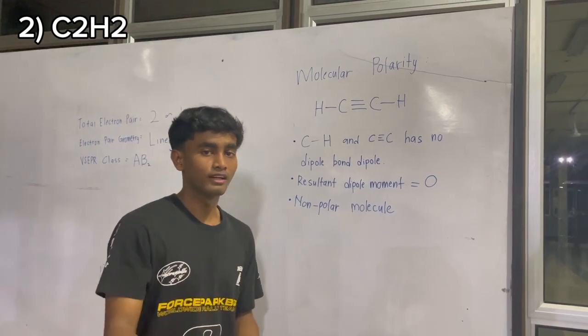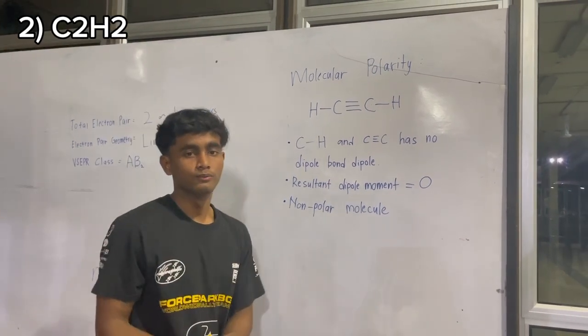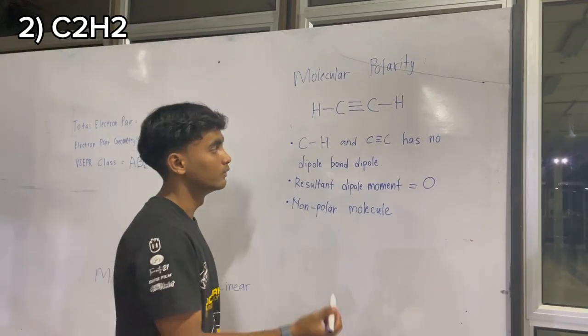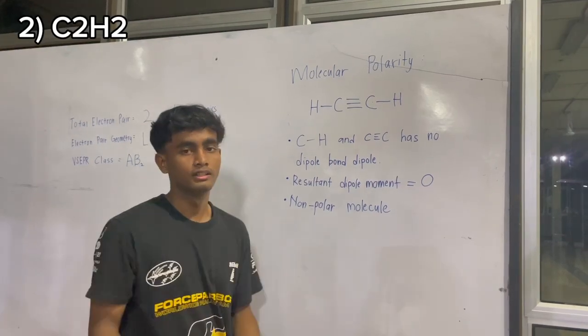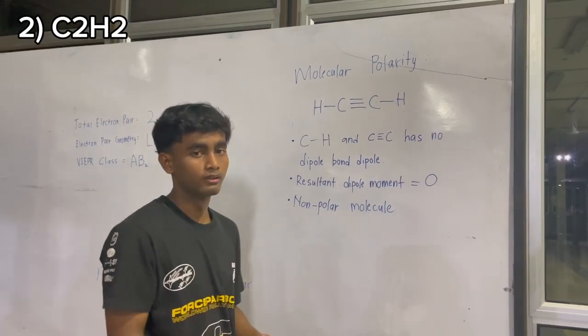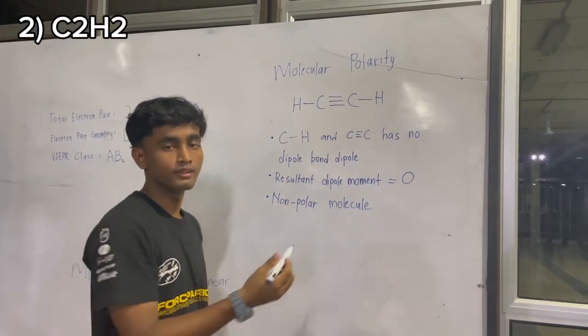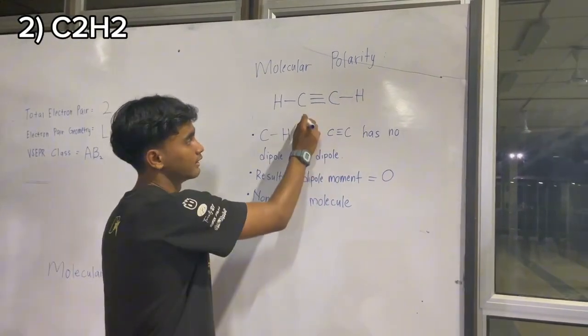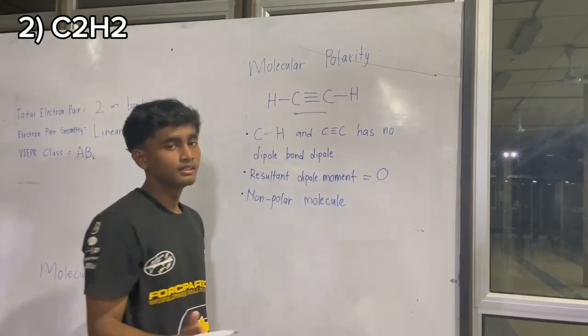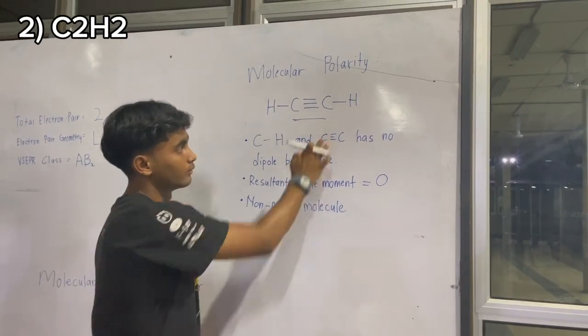Okay, after we found its molecular geometry, we need to find its molecular polarity. So we know, in order to find molecular polarity, we need to know its bond dipole. But bond dipole only exists when they are between different atoms. So for each central atom, we know that between C and C, there is no bond dipole.